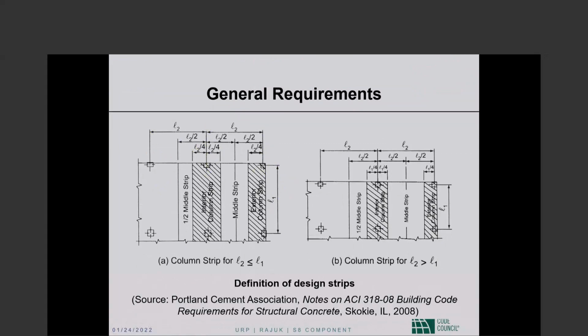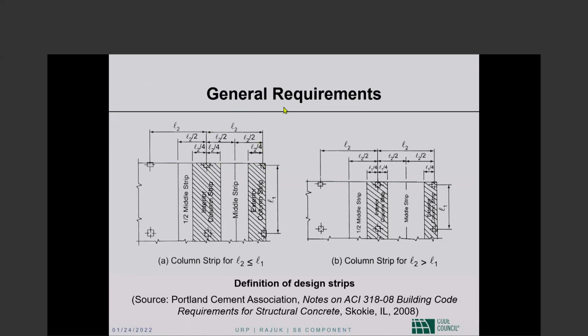Sub 1 indicates that. And L sub 2 is the transverse span, orthogonal to the direction of analysis. If L sub 2 is smaller than L sub 1, as in the left picture, then the width of the half column strip is L sub 2 over 4. The width of this half column strip is also L sub 2 over 4.